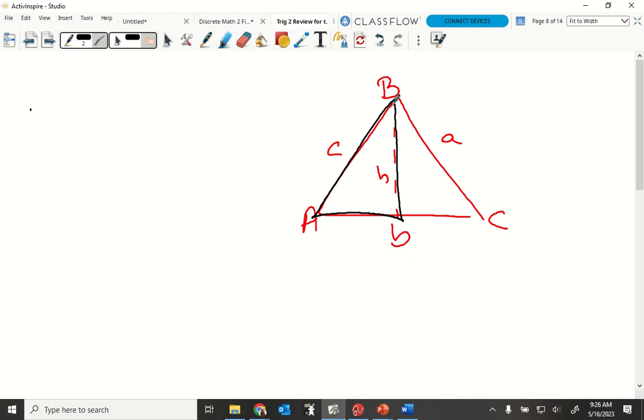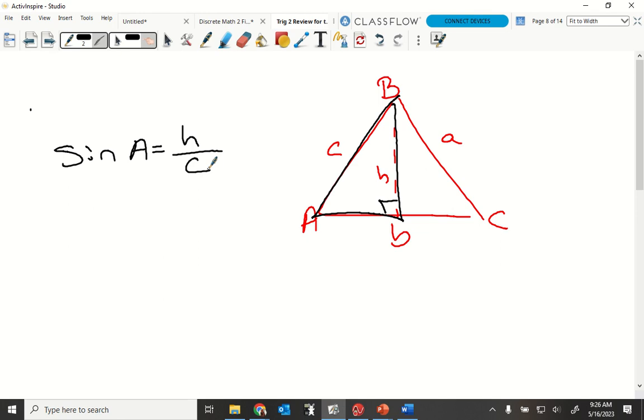Okay, so if I'm going to do this, I'm going to say sine of A is equal to opposite, which is h over, right? So it's opposite over hypotenuse. Since this is a right angle, that's going to be little c.